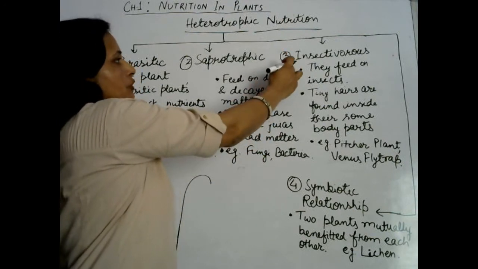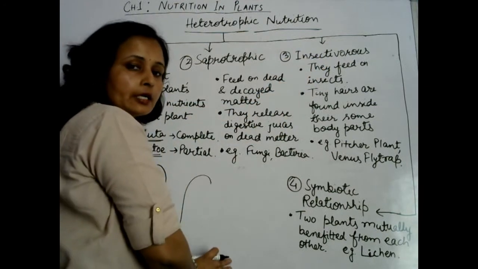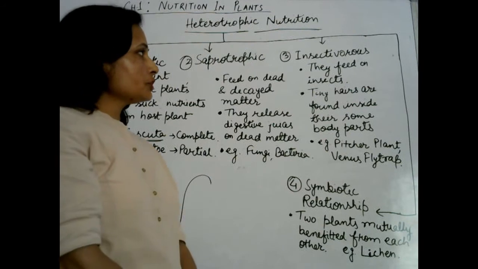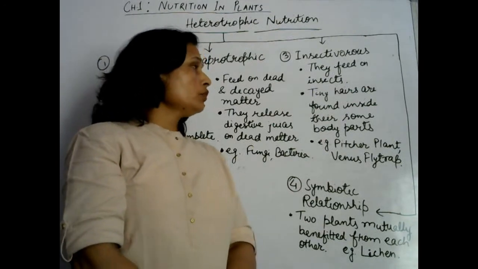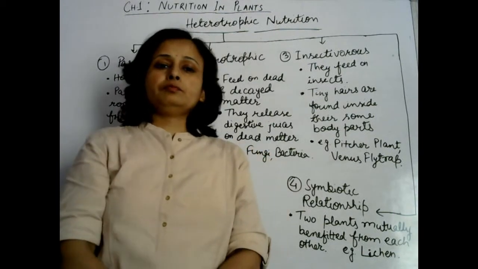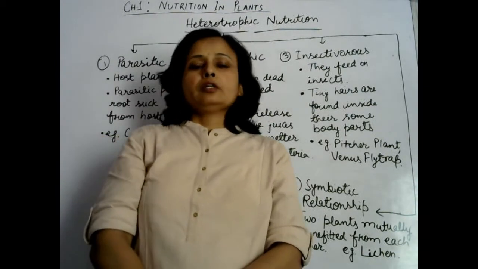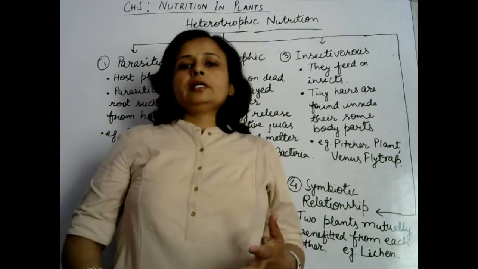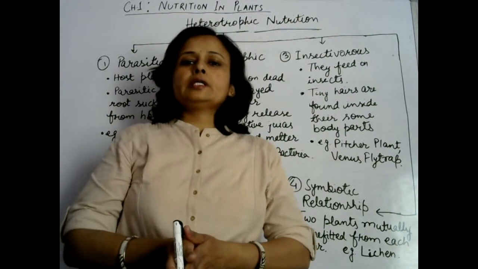The third type of heterotrophic mode of nutrition is the insectivorous mode of nutrition. In this mode, what happens? There are a few plants which grow on soil lacking certain minerals like nitrogen.